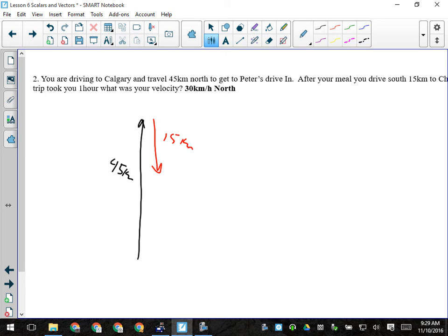What was my total displacement? 30, right, because I went 45 up and 15 down. So my total displacement there is 30 kilometers, and my total time is 1 hour. Average velocity then is total displacement over total time. 30 over 1 is 30 kilometers per hour.